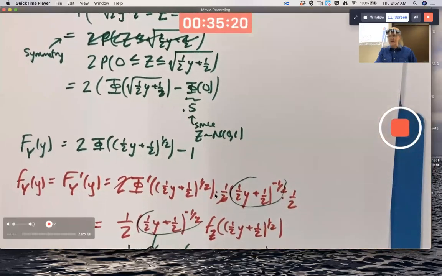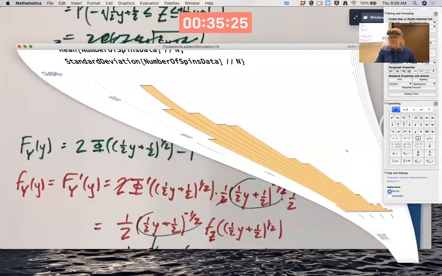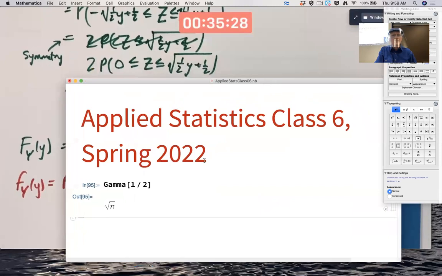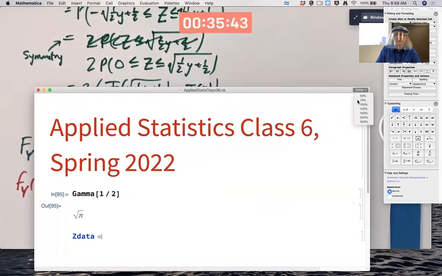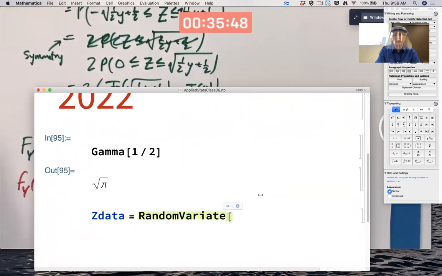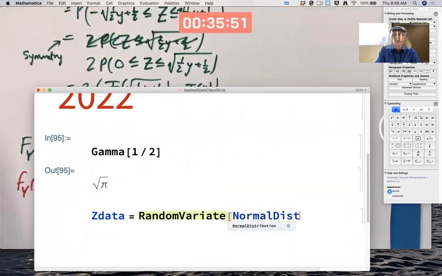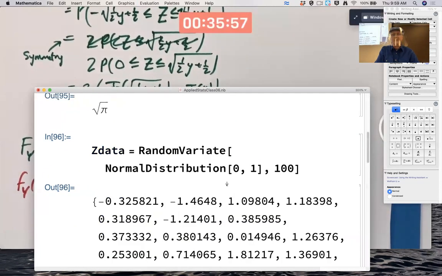Let's do some simulation with this as well, just to re-emphasize some simulation ideas. So I could do something like this. Z data: RandomVariate, normal distribution 0, 1. Do 100 times, say. Never have 100 observed values of a standard normal.